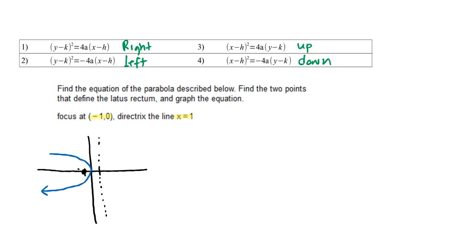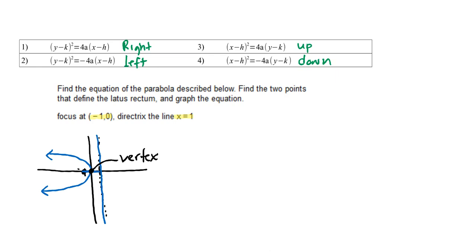And that's because the focus is going to be inside the parabola, and the directrix will be running perpendicular to the connection between the focus and the vertex. I also know that the vertex is at (0, 0), because the distance a between the vertex and the focus is the same distance between the vertex and the directrix.